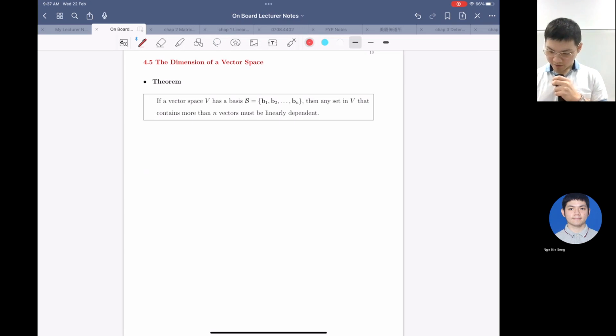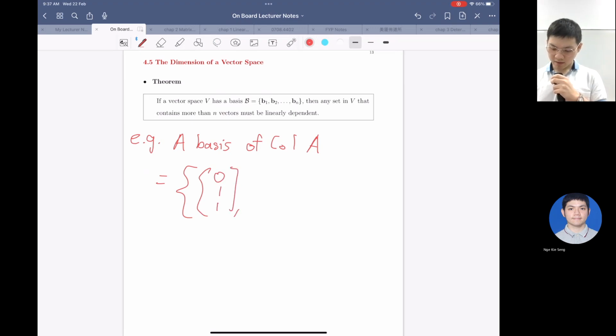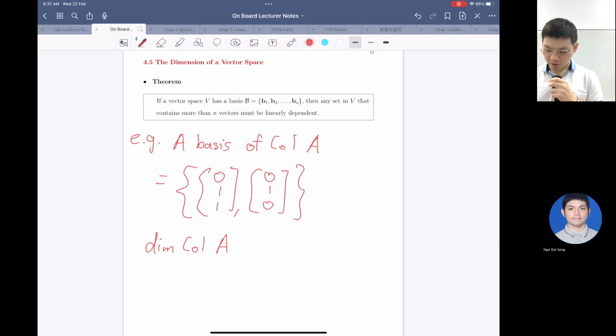For example, say the basis of Col A is (0,1,0) and (1,0,1). Then the dimension of Col A, or we call it the rank, is just 2. We just count 1, 2.